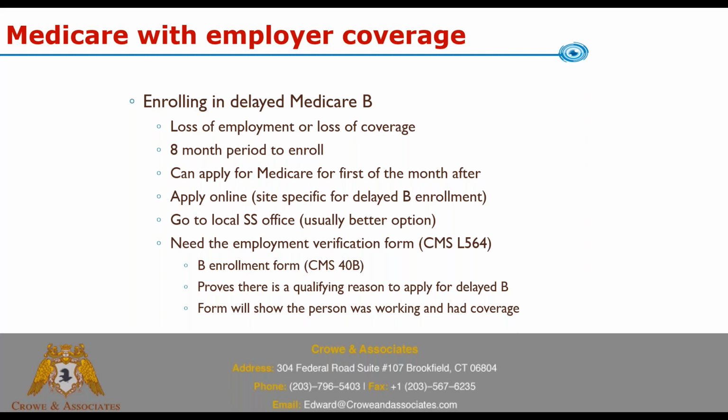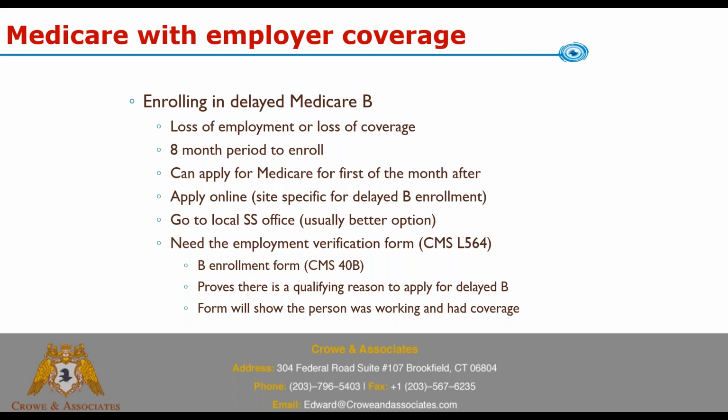And the employment verification form is a form from the employer, CMS L564. It's a form that the employer fills out. Most big HR departments will already have it, but they fill it out showing that you've been actively working and that you've had coverage. And that form is needed at the Social Security office or for online enrollment to prove, yes, I have a special election to enroll in B, and here's my form to prove it.